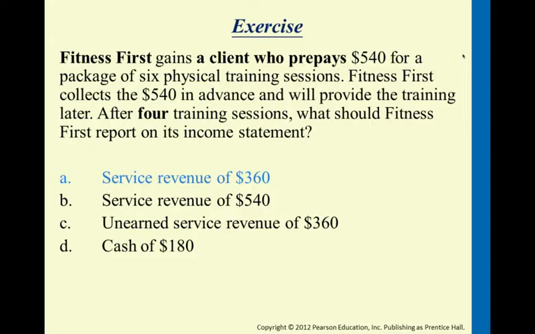That represents the 4 training sessions that the company provided. So the beginning entry in the accounting process is collecting cash and generating an unearned service revenue liability account. Then later on, we turn a part of that liability into actual service revenue.